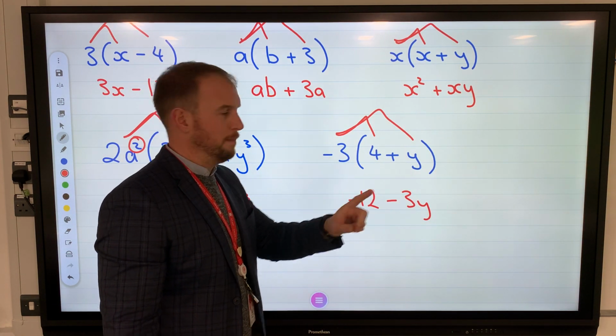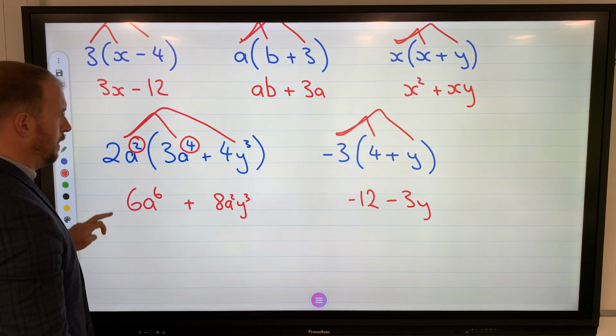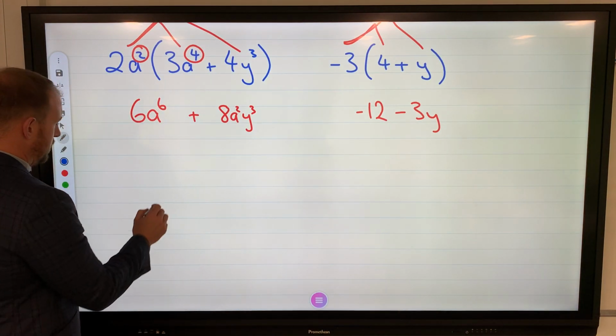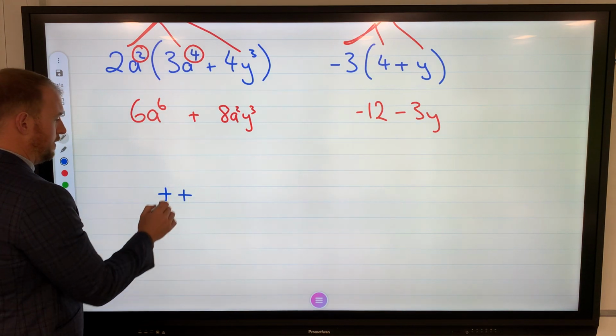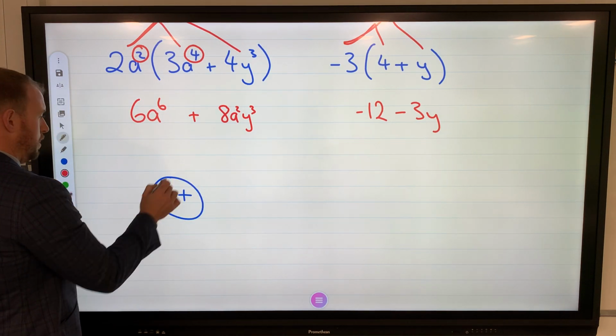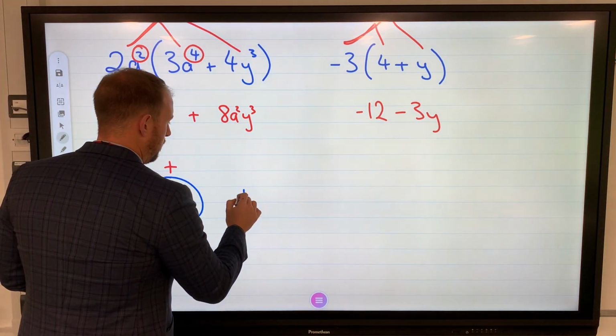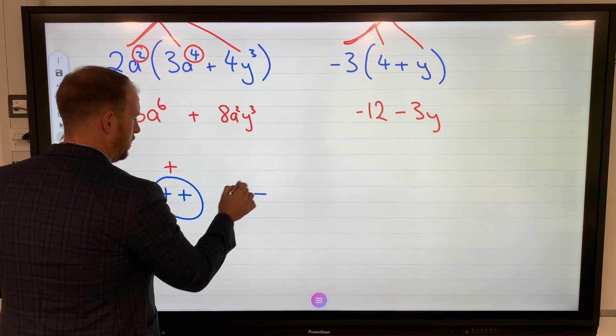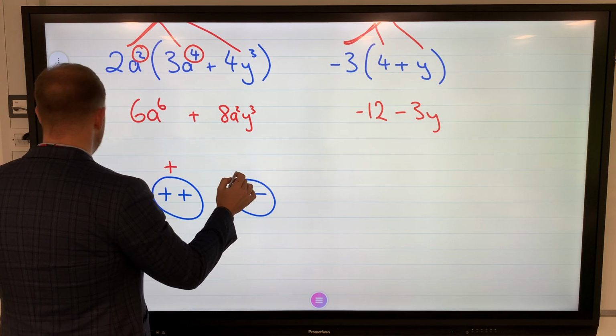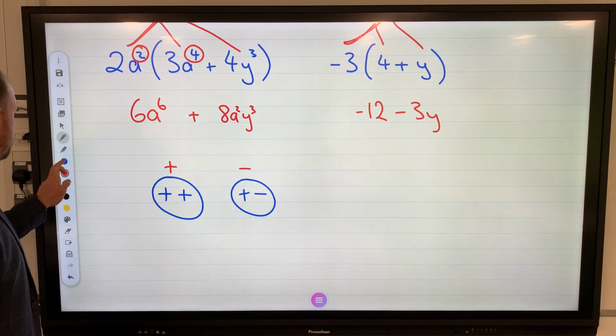So with these symbols then, with these operations, if we had a positive multiplied by a positive, our answer would be positive. If we had a positive and a negative, we would then give a negative answer.